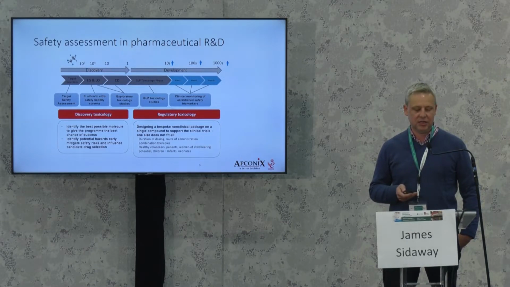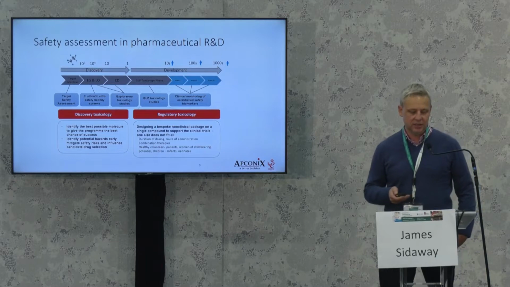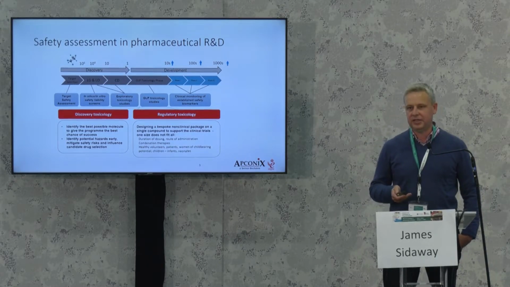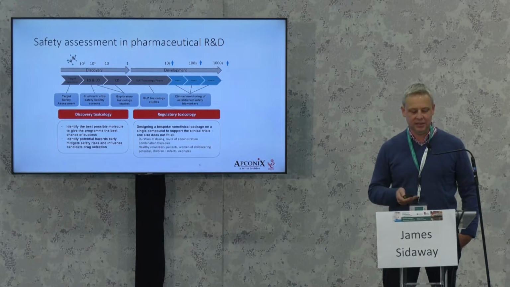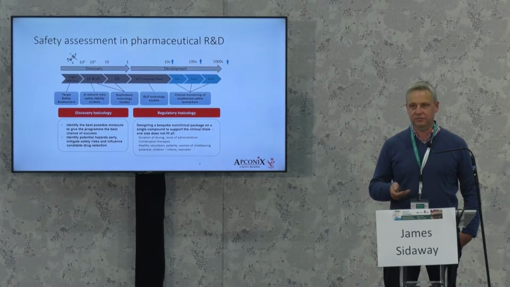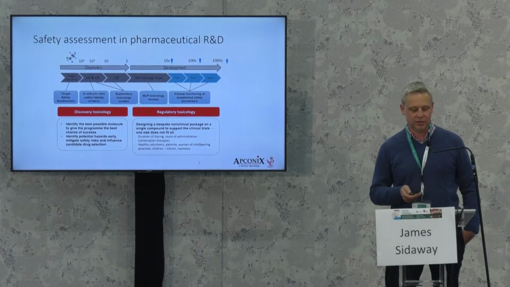And here, there's a whole set of different assays and approaches that have been evolved over the past 20 or so years to identify the best possible molecule, give the program the best chance of success, identify hazards early, so fail early, so you can effectively design out safety risks while you still have the range of chemistry.